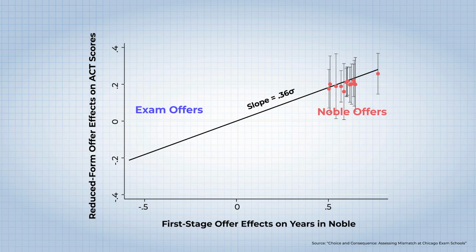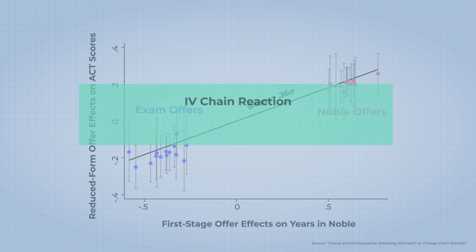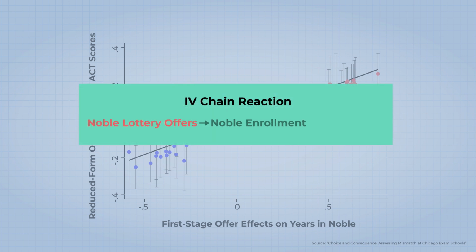In support of this claim, consider the points plotted here in blue, all well to the left of 0 on the x-axis. These points are negative because they mark the effect of exam school qualification on Nobel school enrollment for particular groups of applicants.